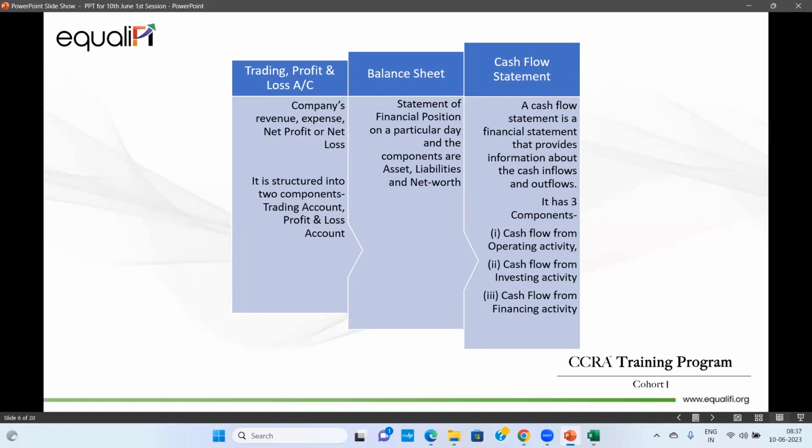The balance sheet is the statement of financial position on a particular day, with components assets, liabilities, and net worth. A cash flow statement provides information about cash inflows and outflows. It has three components: cash flow from operating activity, investing activity, and financing activity. Now we are going to discuss all these things in detail. Don't worry.